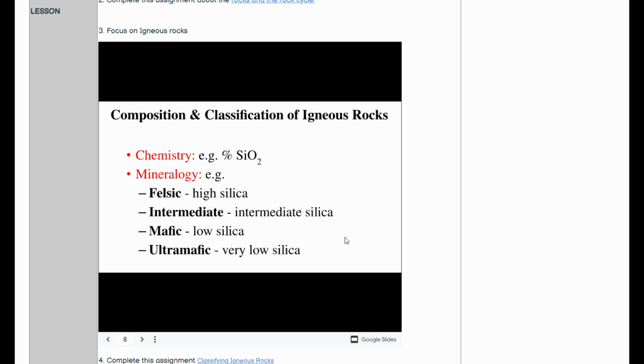So from high to low, it is felsic, intermediate, mafic, and ultramafic. Felsic has the highest amount of silica, and you get less and less all the way down to the ultramafic. And we're going to see a table about this coming up here, so you'll see kind of what that means.